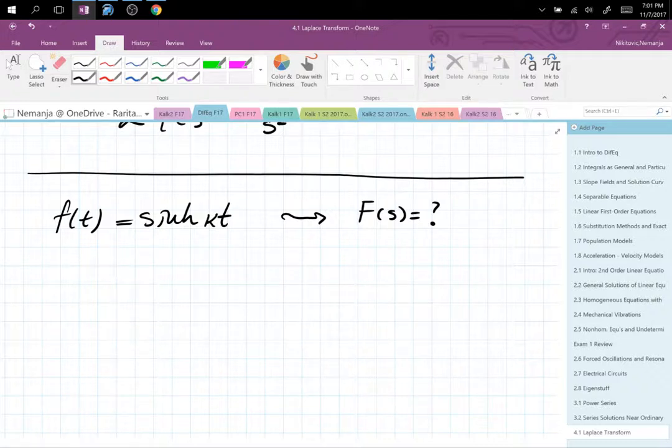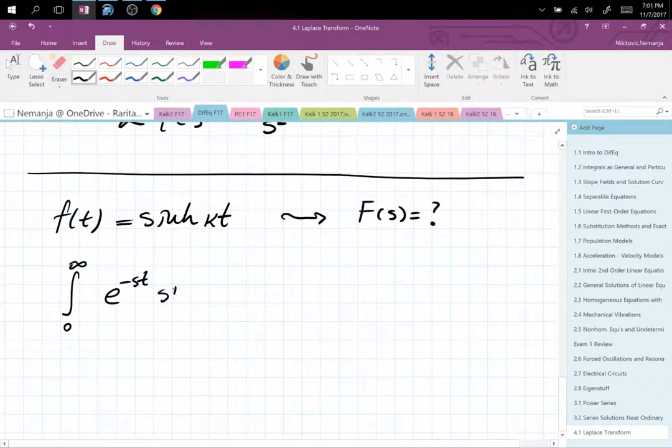We know the definition. It says the integral from 0 to infinity, e to the negative st times sine hyperbolic kt dt.